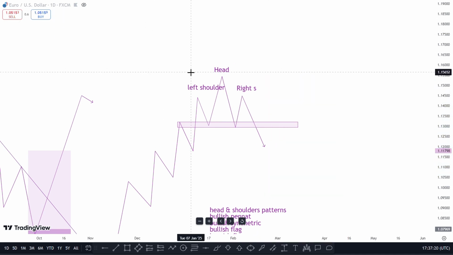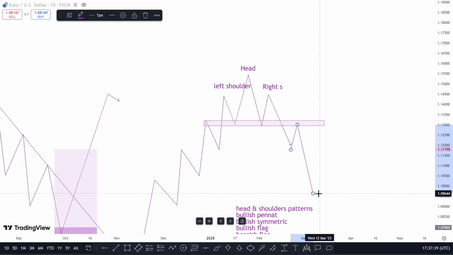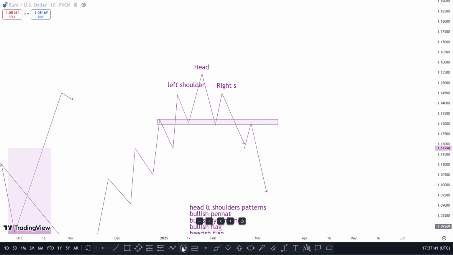The moment it breaks out of this neckline, somebody like me would wait for a retest on the neckline, and then I'll take my sell right around that zone, because the market is changing its overall bullish movement to a bearish movement.